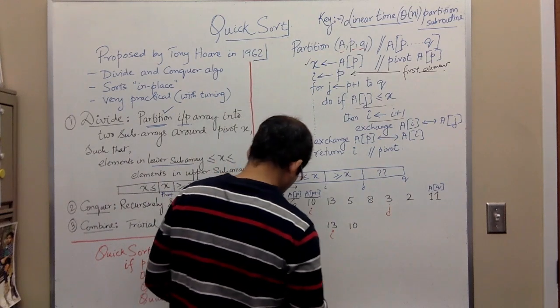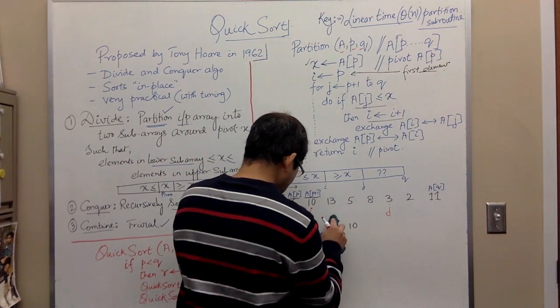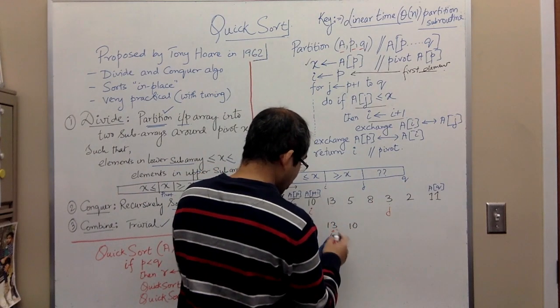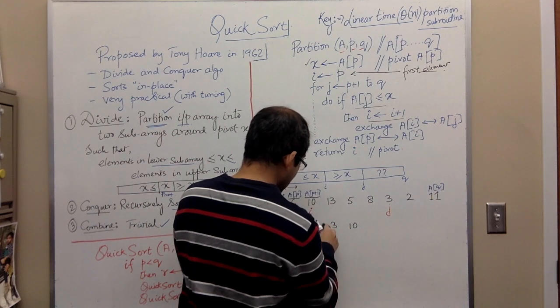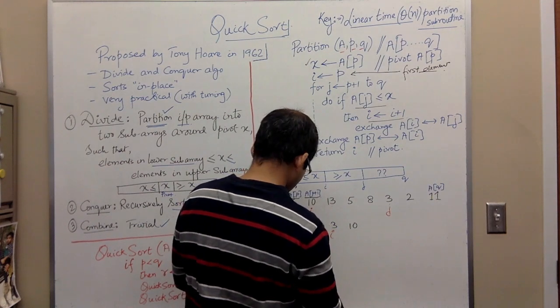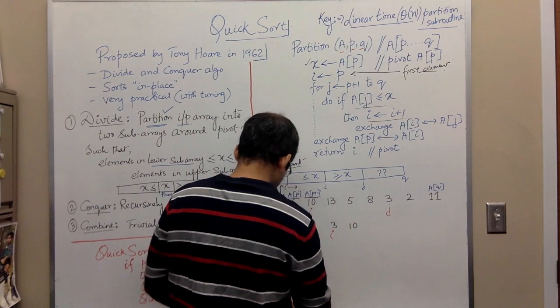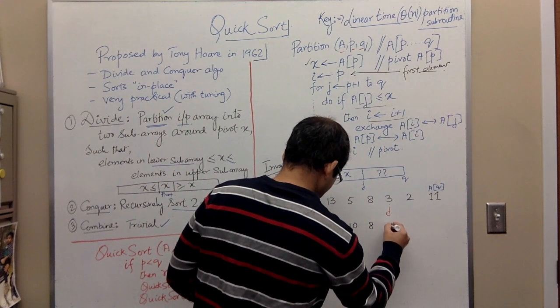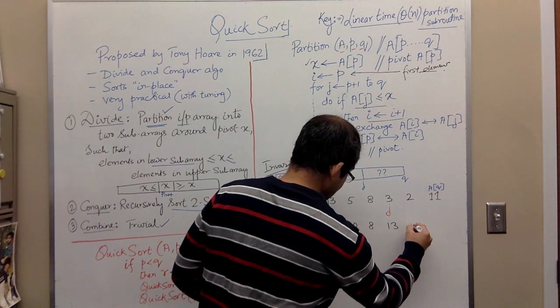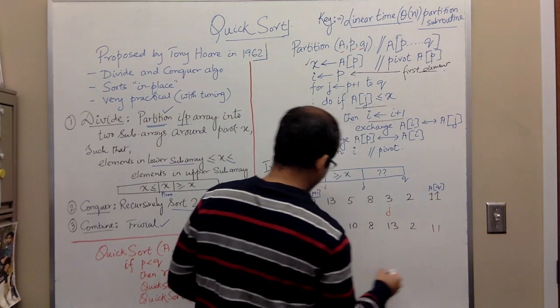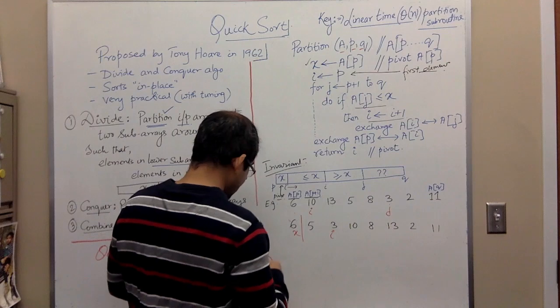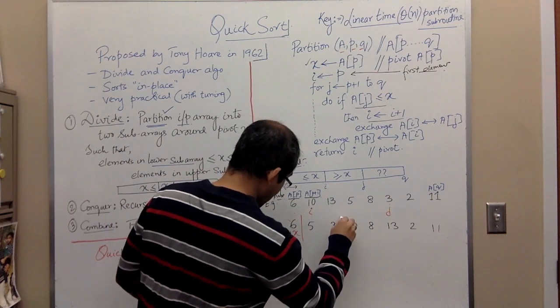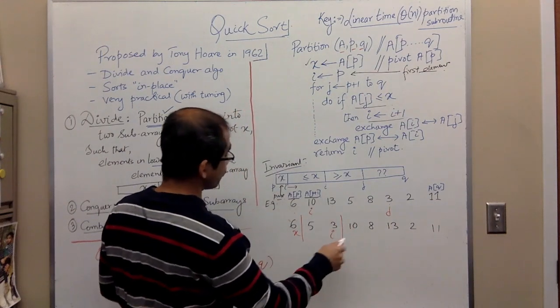That means I change 13 with 3. It's easy. So now you see this is 8, this is 13, this is 2, and this is 11. Now you see this partition grows. This is the partition for i.